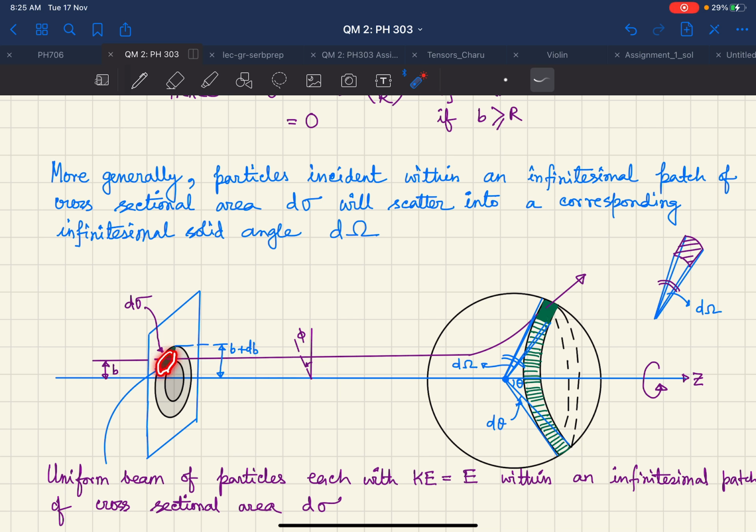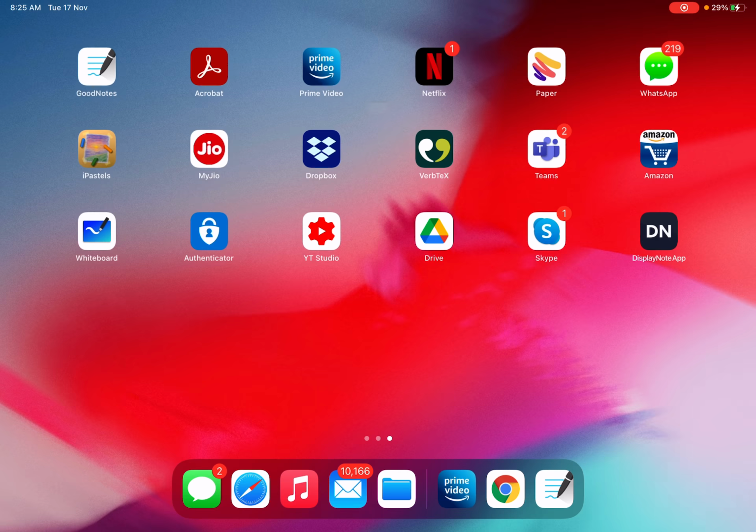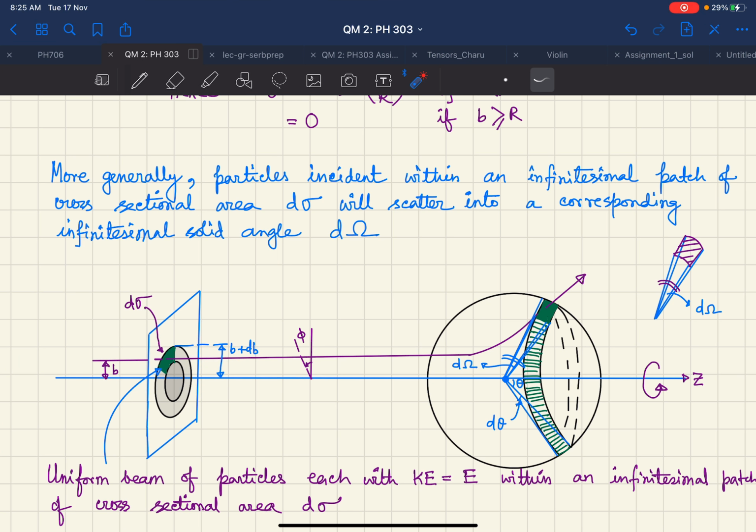Suppose this is that d sigma area patch that we are looking at. The particles falling within this patch will scatter into a corresponding infinitesimal solid angle d omega, which is this. This is basically the area here which subtends a solid angle here.